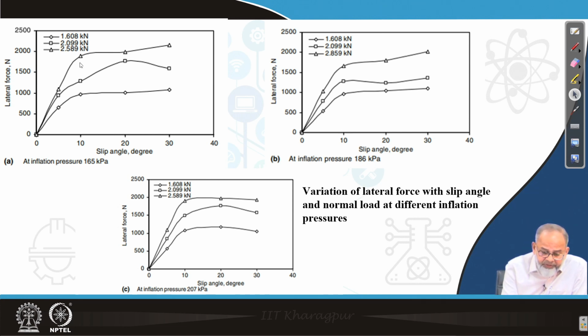The force which is developed with maximum load, 2.6 kilonewton, is roughly around 2000 Newton, whereas in case of 186 kilopascal, it is around 1700 Newton. The reason is the contact area. Since the lateral force is developed at the contact patch, the more the contact area, the more will be the lateral force, and the lesser the contact area, the lesser will be the lateral force developed.